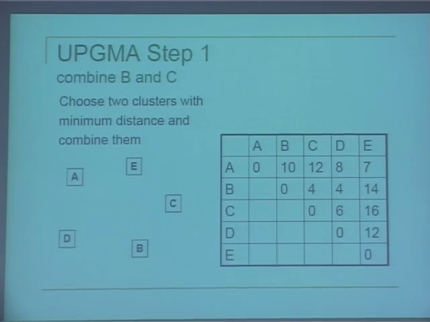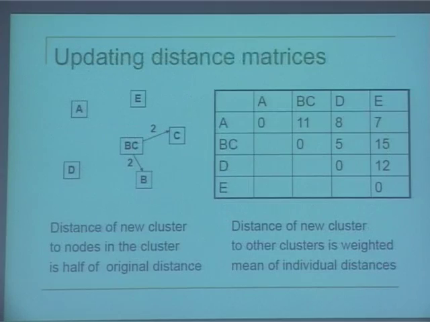The algorithm says you just take the average: DAB plus DAC divided by 1 times 2, divided by 2. 10 plus 12 divided by 2 is going to be 11. We do this for all the entities in this matrix, and we get an updated distance matrix like this by just taking the average.